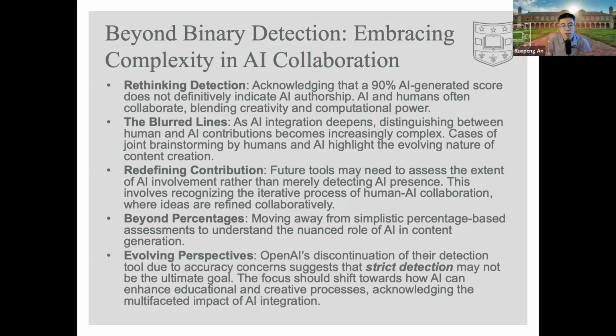And finally, we need to probably think about the evolving perspectives. So recently, OpenAI discontinued its detection tool due to accuracy concerns, suggesting that strict detection may not be the ultimate goal. The focus may shift towards how AI can enhance educational and creative processes, acknowledging the multifaceted impact of AI generation.